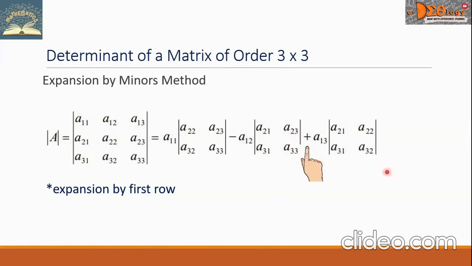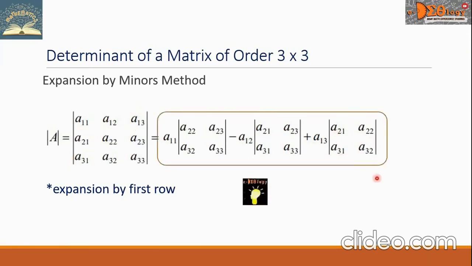Plus, the third group here is the A sub 1 3 multiplied by the determinant of the matrix with elements A sub 2 1, A sub 2 2, A sub 3 1, A sub 3 2, respectively. This is our formula.